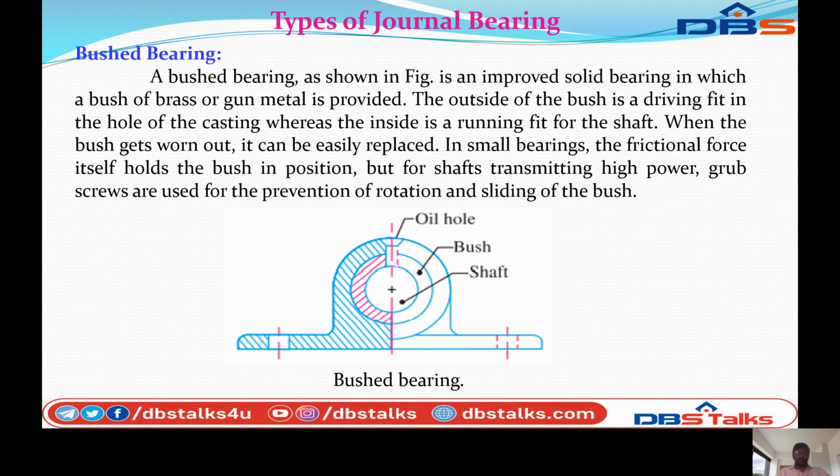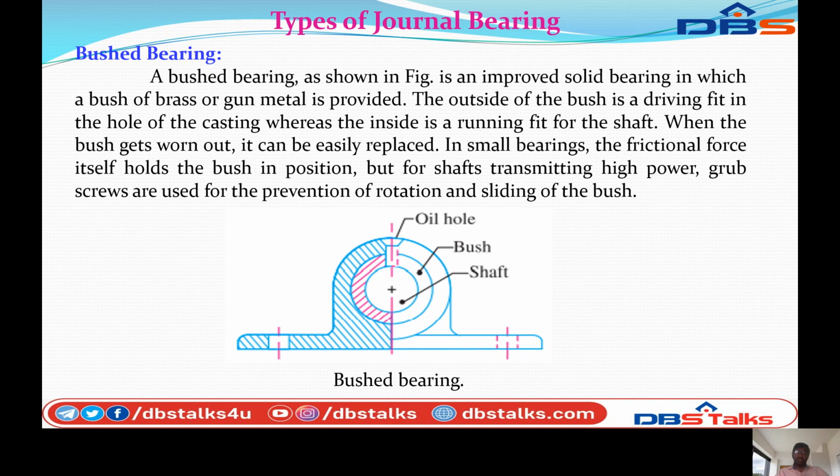When the bush gets worn out, it can be easily replaced. In small bearings, the frictional force itself holds the bush in position, but for shafts transmitting high power, grub screws are used to prevent rotation and sliding of the bush.